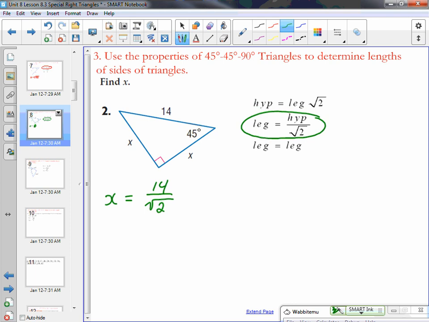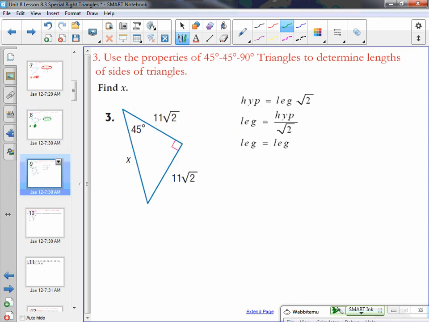All right, you can tell it's a 45, 45, 90. You know the hypotenuse. You're looking for the leg. So the second equation is the easiest one to use. So leg, X, equals hypotenuse, 14, divided by square root of 2.